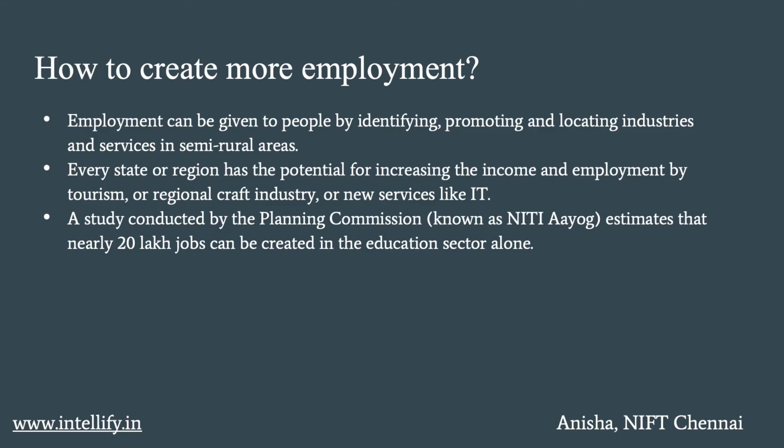Every state or region has the potential for increasing the income and employment by tourism or regional craft clusters or new services like information technology. For example, a study conducted by the Planning Commission or NITI Aayog estimates that nearly 20 lakh jobs can be created in the education sector alone.